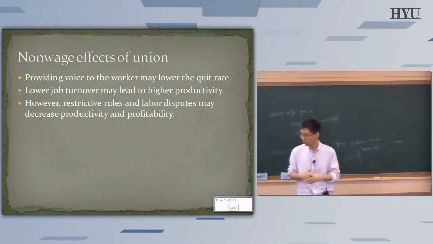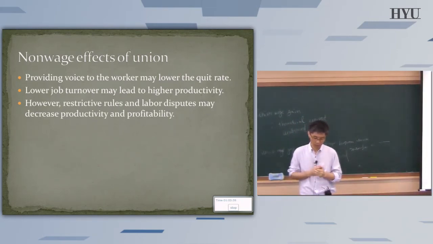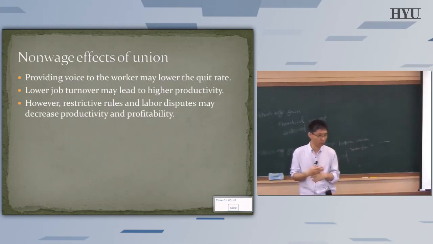They have a lower turnover rate, so they are more productive. Actually, the data itself seems to show that union workers are more productive. But there is a controversy about whether it is because of the union or it's just a simple association.